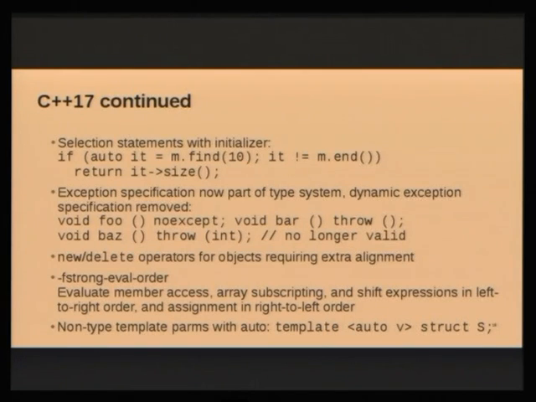If you have some class or object which needs big alignment, it uses vectors inside it or whatever, or uses alignas and such attributes, then as long as the alignment is bigger than the default, the compiler will actually use these operators which have the extra arguments.